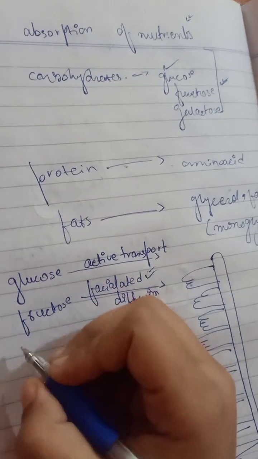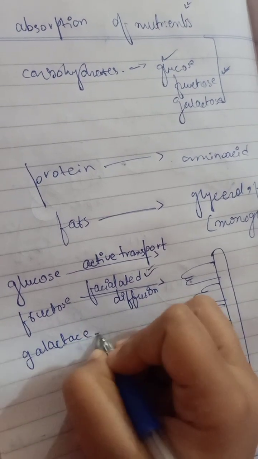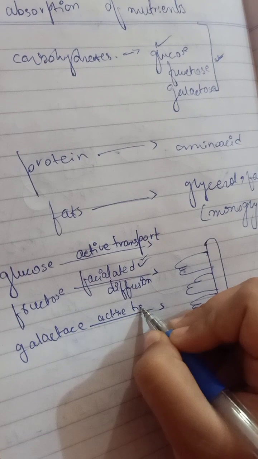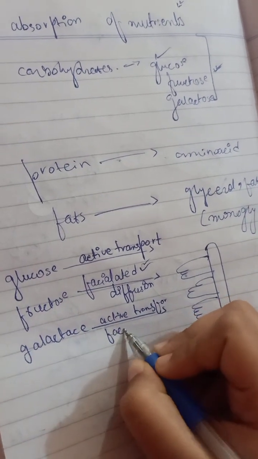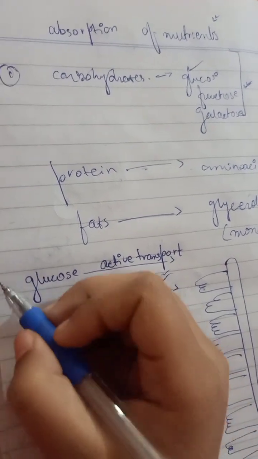If we talk about galactose, they are having mostly active transport, or sometimes facilitated diffusion too. Okay, this was the carbohydrate.